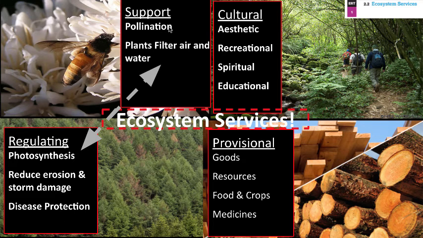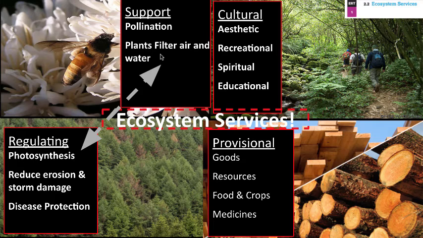What we want to do is think about support services as those things that are of some kind of value to humans. Something like pollination is a support service, it helps support us in what we do. The bees certainly don't do pollination to create our food, but if they didn't, there would be billions and billions of dollars worth of work we would have to do.